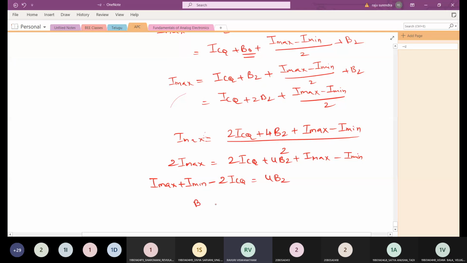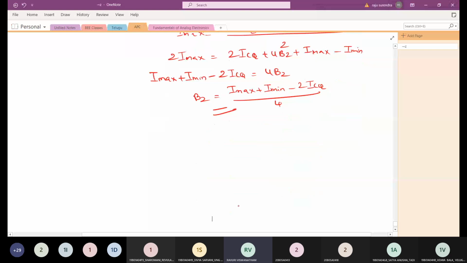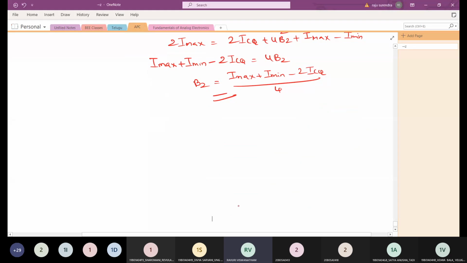So now B2 is equal to I max plus I minimum minus 2ICQ by 4. All of you understood? Yes, sir. So we calculated the second harmonic component. All of you understood?